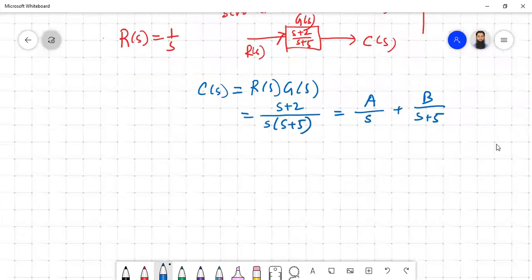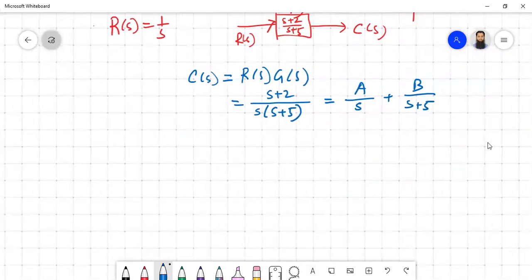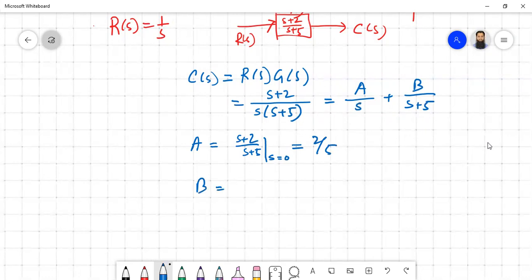So what will be the values of A and B? Very quickly, A is basically (s plus 2) divided by (s plus 5) at s tending to 0. So then you have 2 by 5. Similarly, B is (s plus 2) divided by s at s tending to minus 5.